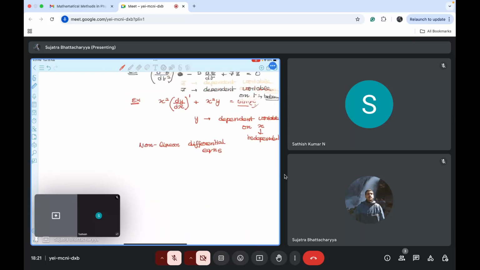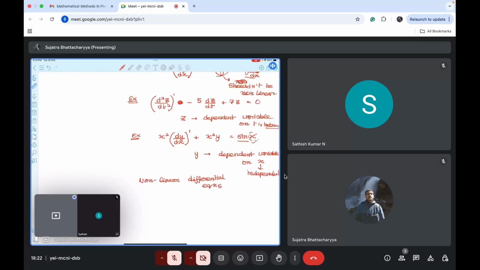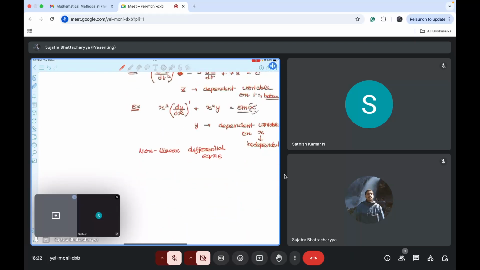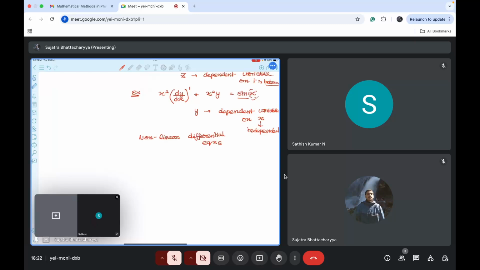Simple. So we have seen that in these two cases, these conditions are valid. Let's see for the non-linear differential equations how we can categorize them. One of the examples of a non-linear differential equation is, suppose, x square dy by dx plus x square y is equal to sin y. Okay, I'm calling this a non-linear differential equation. Why?